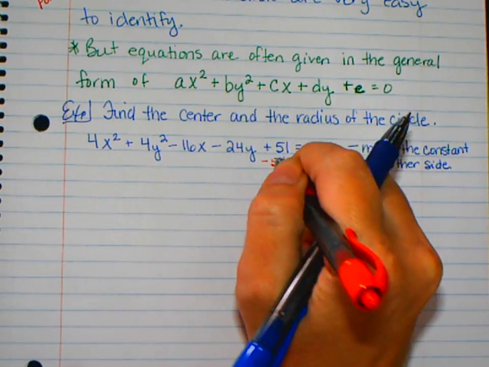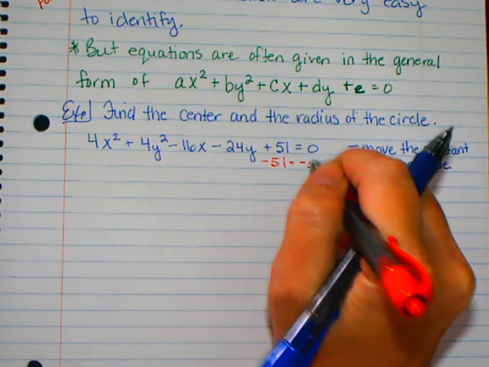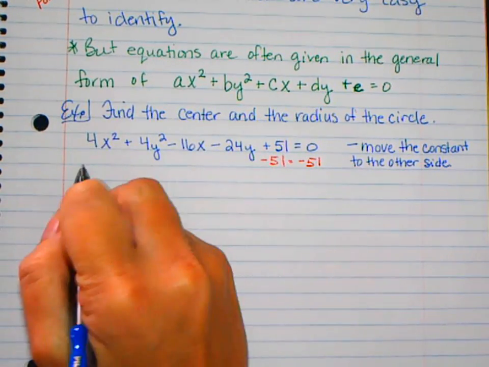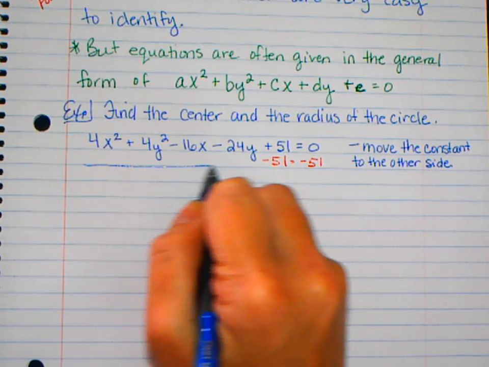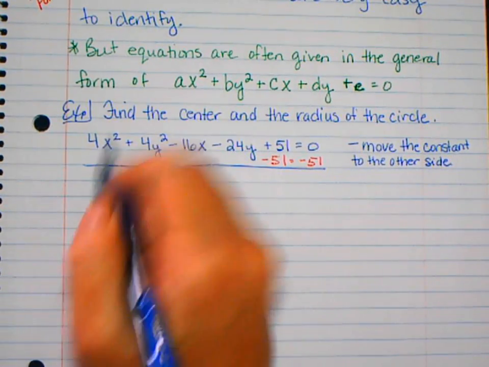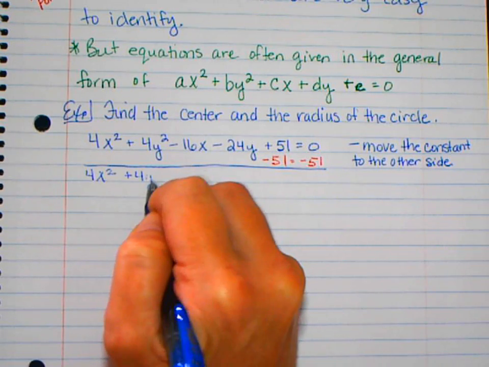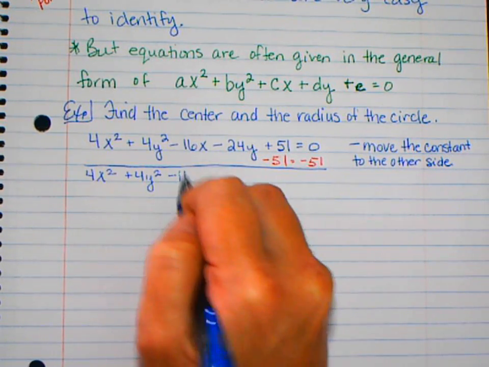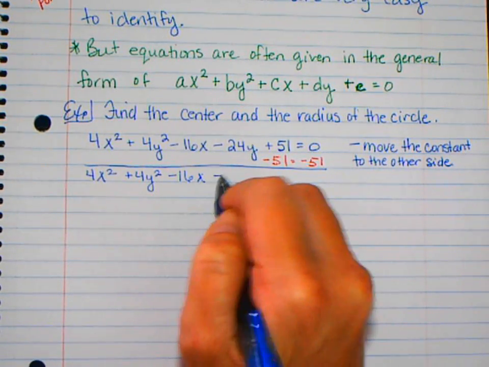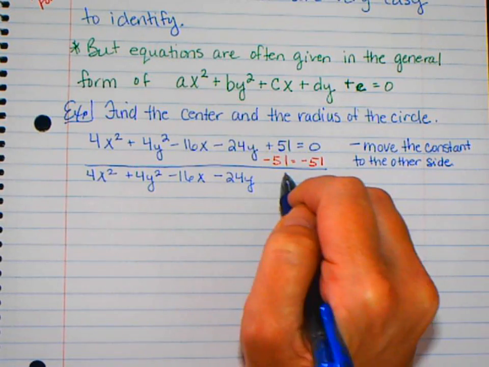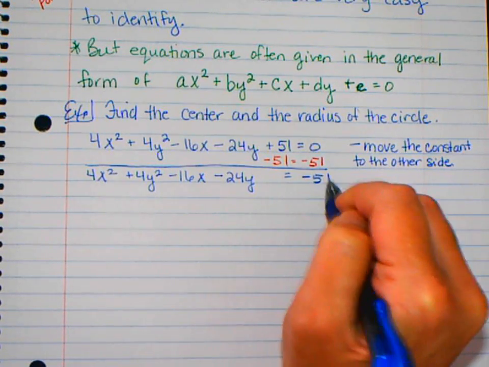Subtract 51 from both sides. So we have to write all this stuff again. Now we have 4x squared plus 4y squared minus 16x minus 24y equals negative 51.